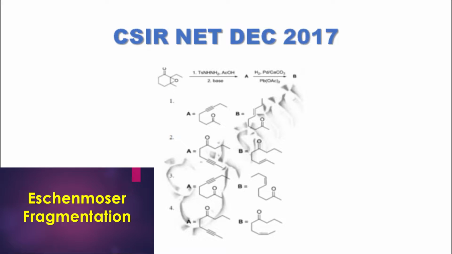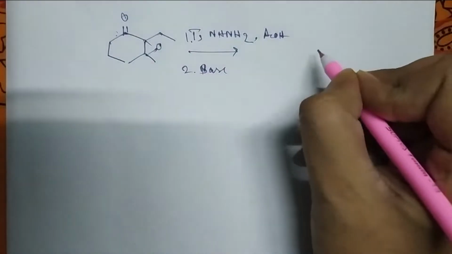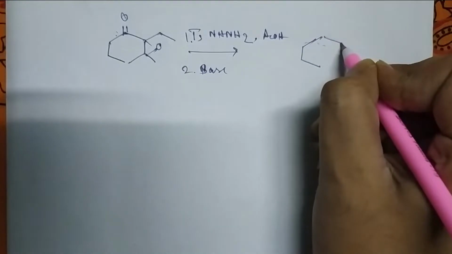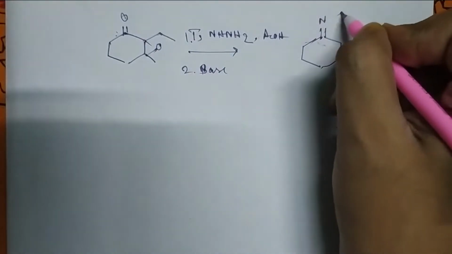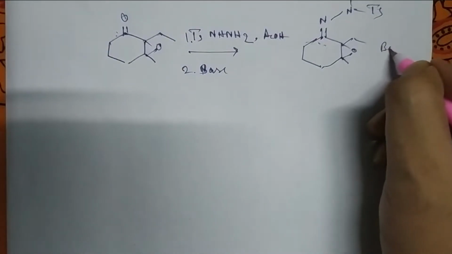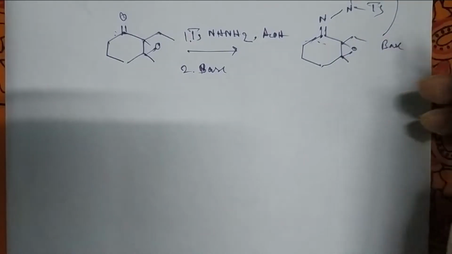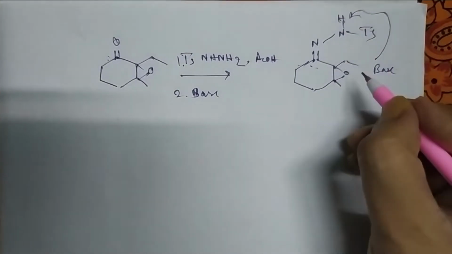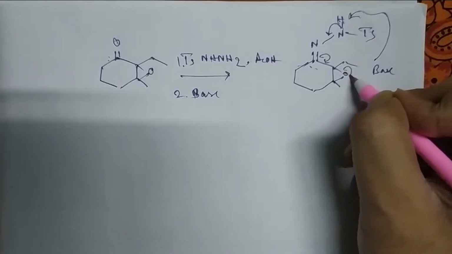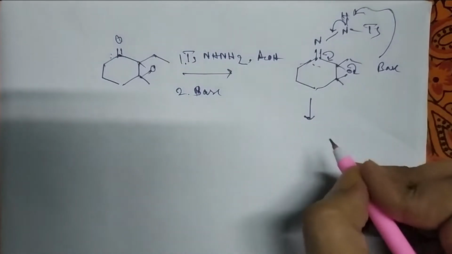So it is reacted with tosylhydrazine, acetic acid and base. So what happens at first? At first the Schiff-base reaction with the tosylhydrazine takes place. Now there is a base which deprotonates this hydrogen. So this bond goes here, this double bond goes here, and the epoxide ring opens up.